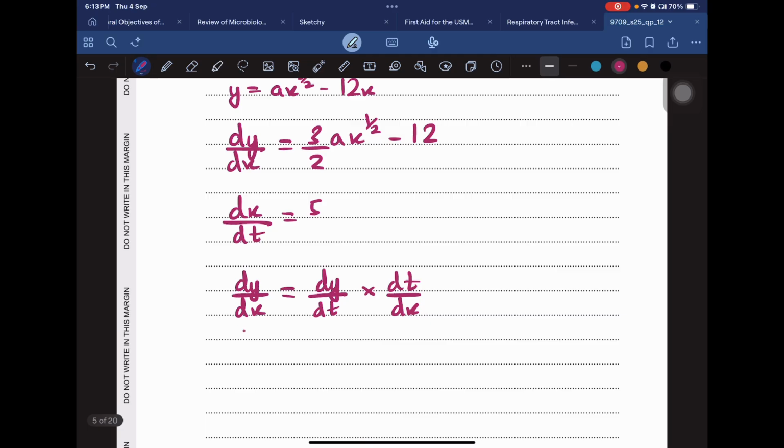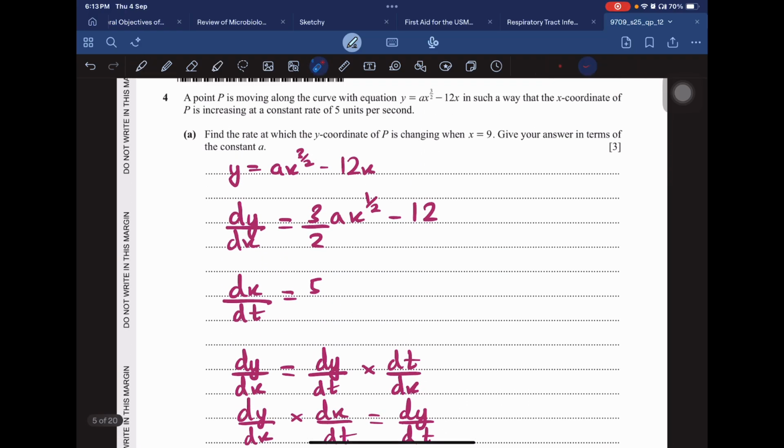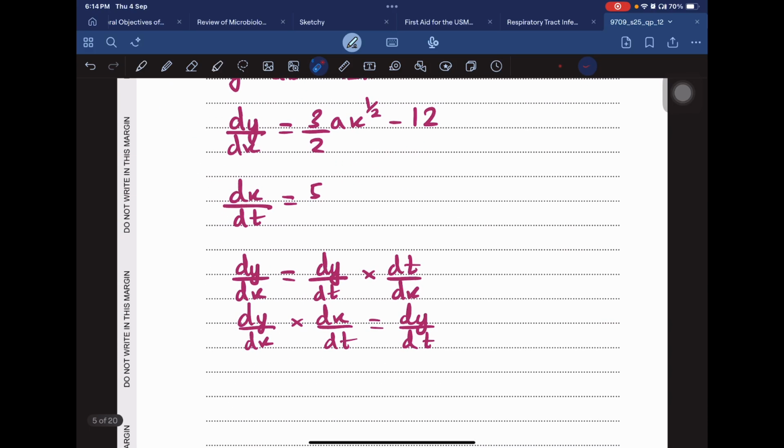So shifting dt over dx to the left side, this will become dx over dt equals to dy over dt. So dy over dx. One more thing given in the question is that at x equals to 9, so we can input that in the equation we've gotten for dy over dx.